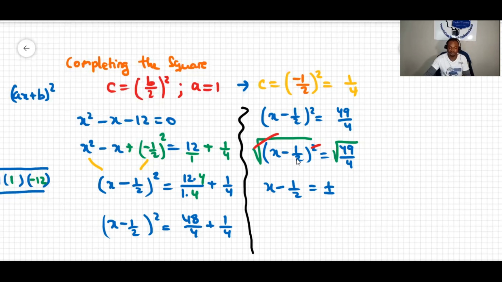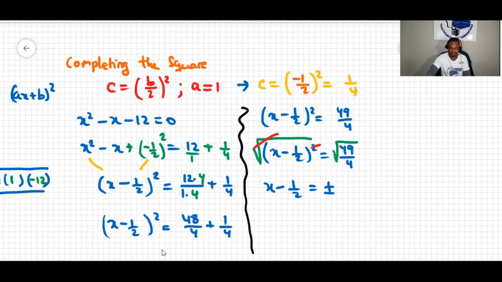Because let me prove it to you. If I ask you what is 3 to the power of 2, you tell me it's 9, okay? What is negative 3 to the power of 2? It's still 9. Meaning square root of 9 can be 3 and negative 3. But this is when we have a variable, when we have an equation.